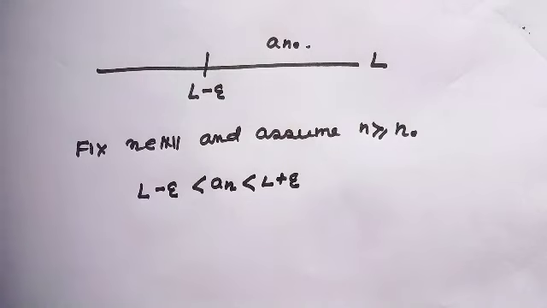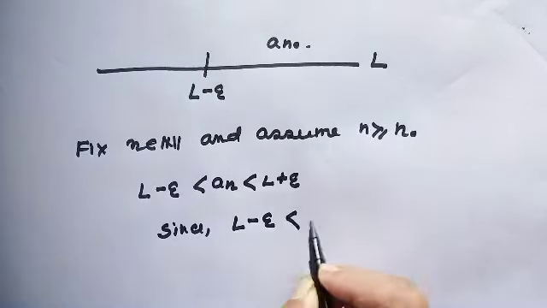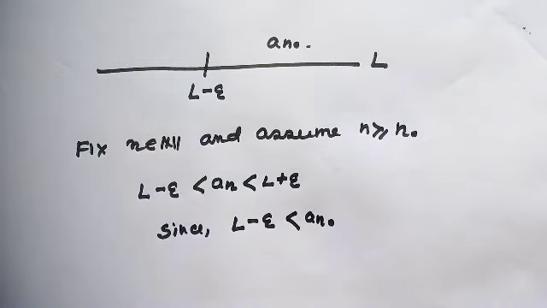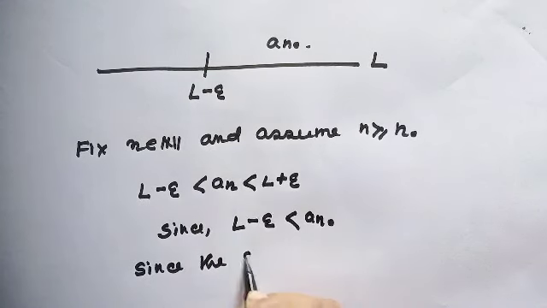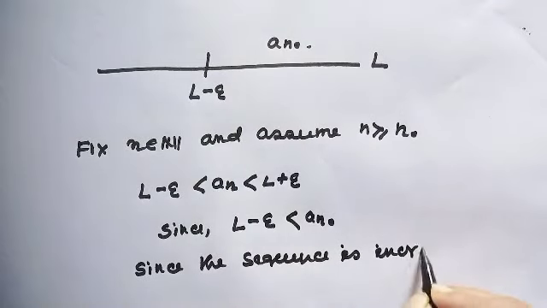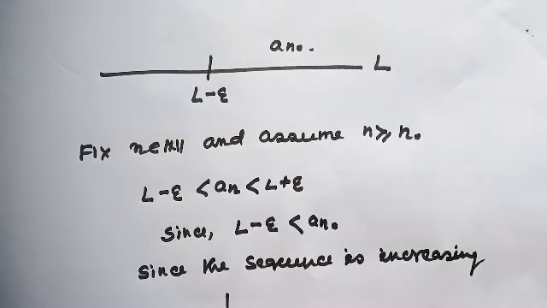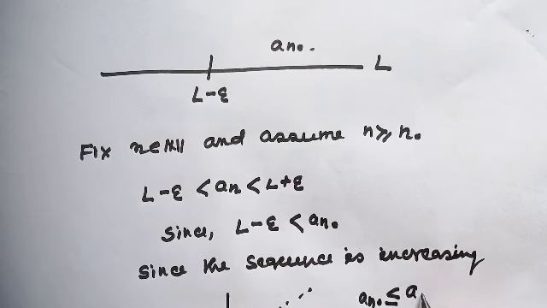Okay, by this picture, since L minus epsilon is strictly less than a_{n naught}, and since the sequence is increasing, a_{n naught} is always less than or equal to a_n.